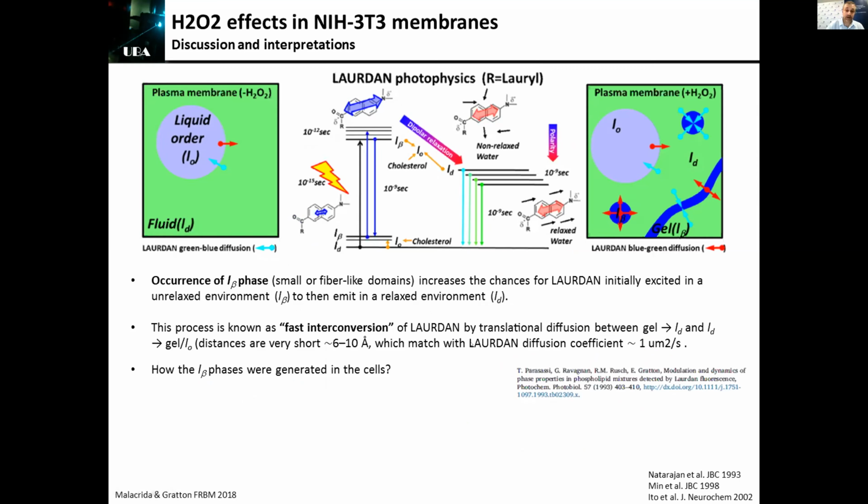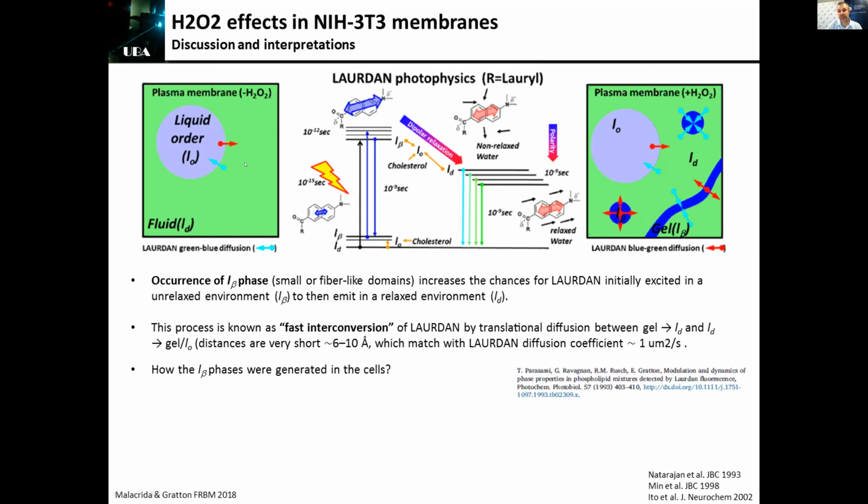And as usual, Enrico came up with a very nice idea. He had already done some experiments with Tiziana Parasassi in a paper very early, in 1993, in cuvette, in which if you have fast interconversion in the system, which means if you have a domain, the time it takes Laurdan to go from one to another will give you a final result: if it gets excited in one environment, it will emit in this environment.